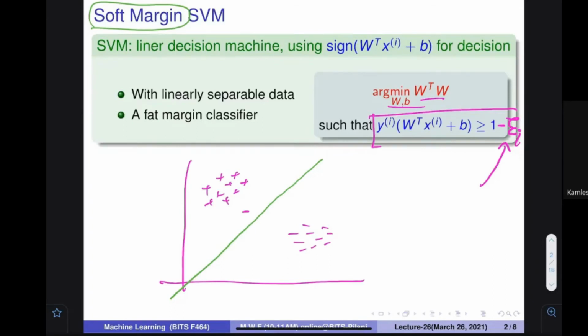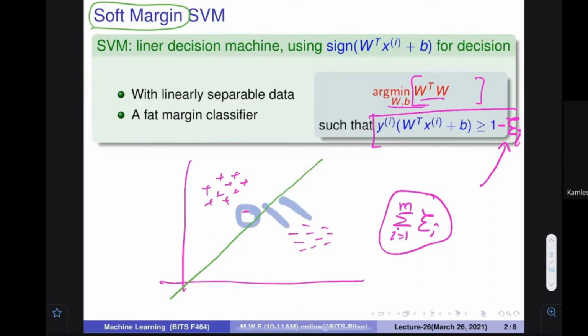So I'm going to allow another variable that I'm going to call a slack variable. This eta i should also be included in this minimization process, because if I find the summation of eta i with i equal to 1 to m for all the data items, and if I draw the line like this, then there would be some slack with this particular point, but all other points are okay because their classification is correct.